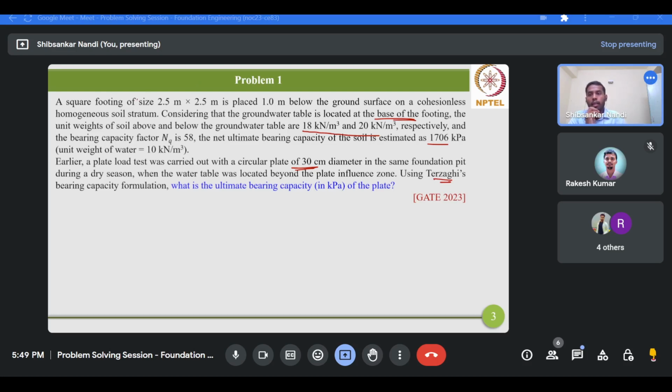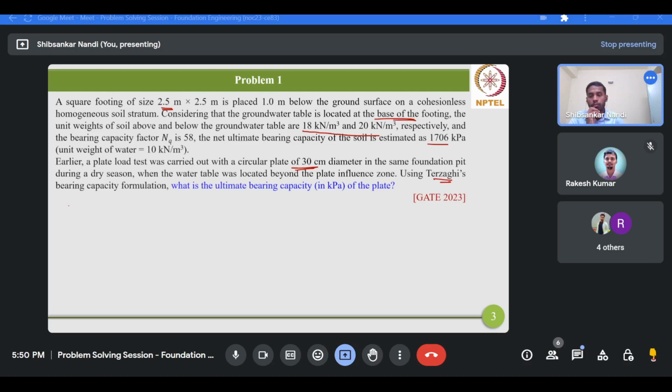But here we can see that this is a square footing. So we have to accordingly apply the shape factors, the correction due to shape. So what is the modified expression?